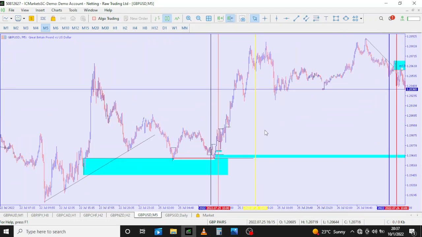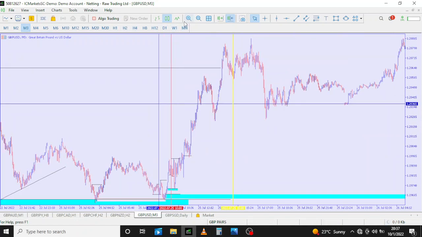You see, it went above this high and created a new high. And this is the magnitude of knowing your structure. Because around this area, after the price created this high, we would have taken our partials or taken the entire profit.